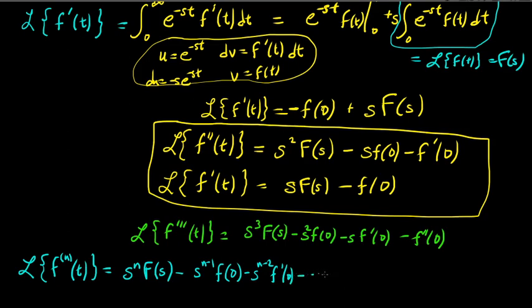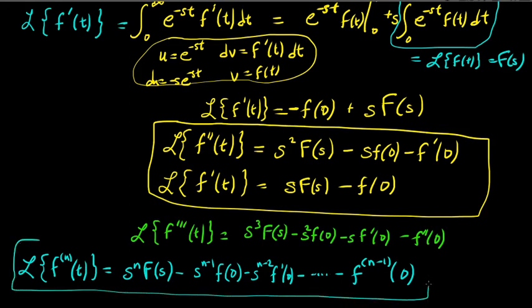You just keep subtracting, dot, dot, dot, and then minus the n minus first derivative evaluated at 0. The pattern just continues like that.